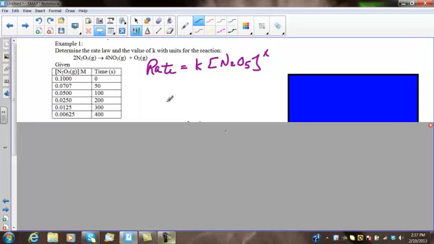So you're going to go to Stat Edit, and go to your lists, and enter all of the times in list 1. So 0 through 400. Then you're going to go to list 2 and enter all the concentrations.